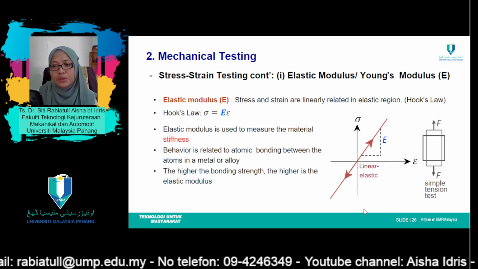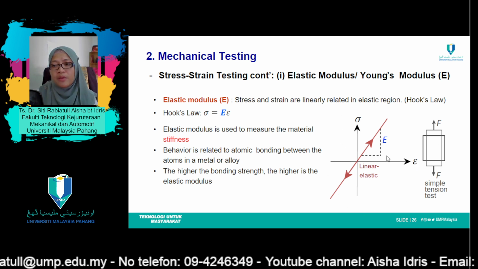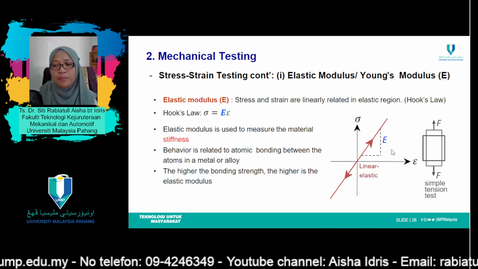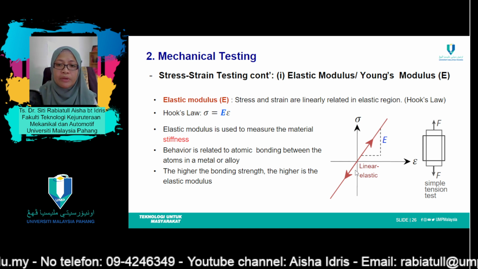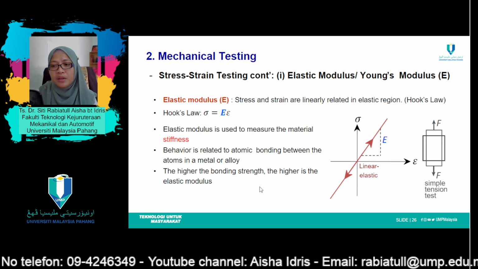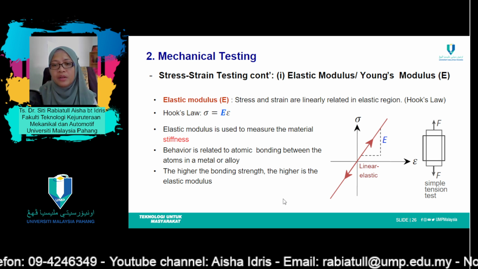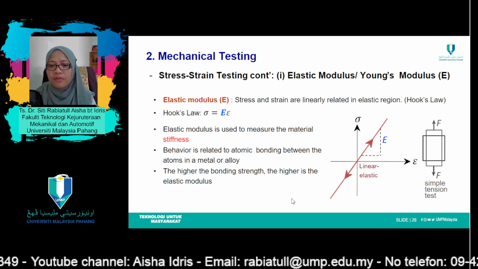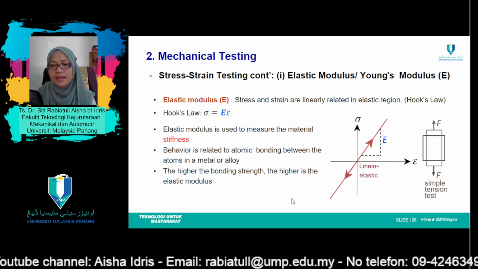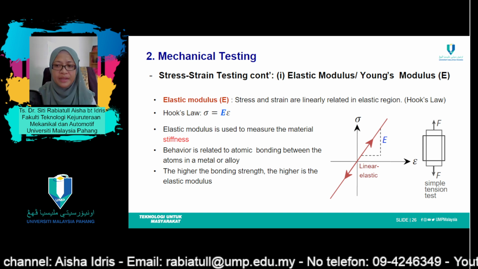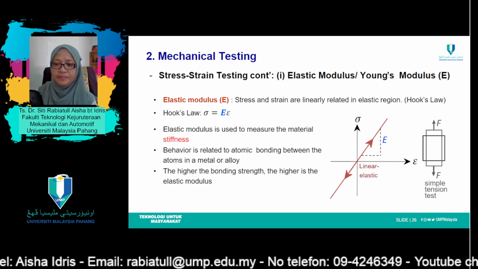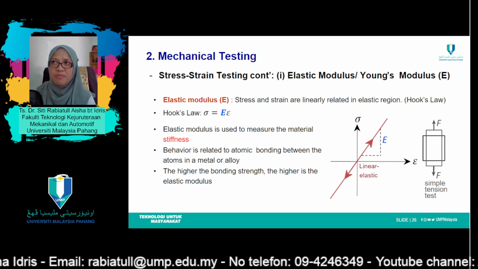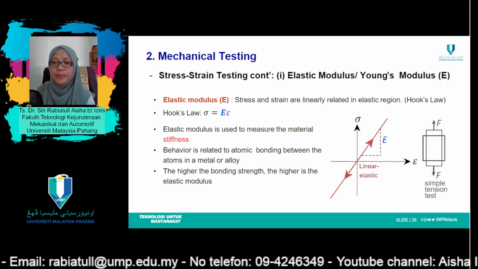If you refer to the stress strain curve, the value of Young's modulus can be obtained from the slope of the diagram. The higher the value of Young's modulus, it means that the material has higher bonding strength, so it will be much more difficult for that material to break.